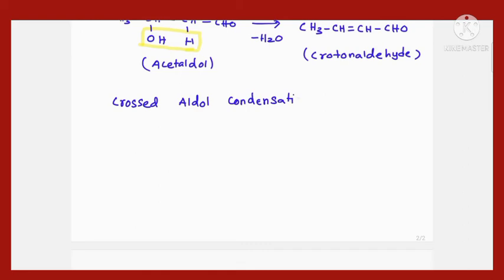In crossed aldol condensation, we use either two different aldehydes, or two different ketones, or one aldehyde and one ketone.